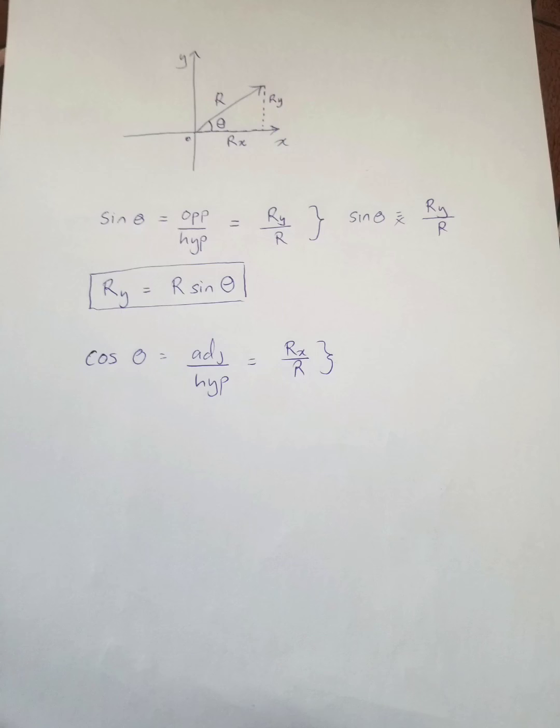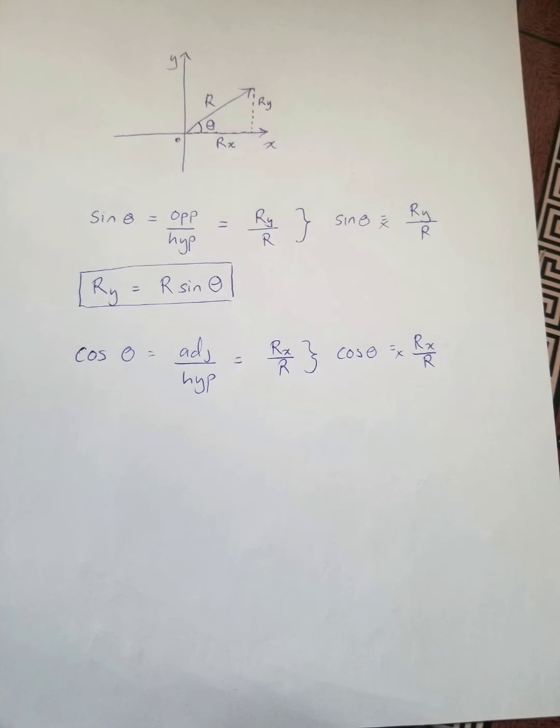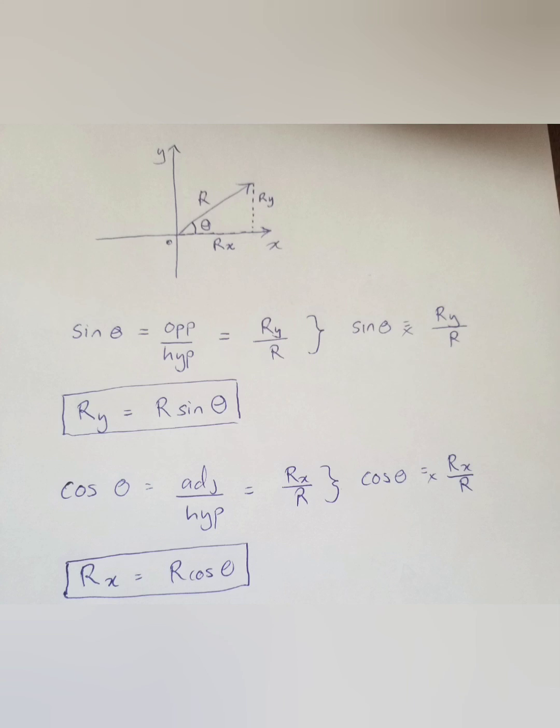Similarly, if we take cos theta from SOHCAHTOA, we know that cos theta is equal to the adjacent over the hypotenuse. We'll have that the adjacent is rx and our hypotenuse remains the same, which is r. And if we take this equation, cos theta is equal to rx over r, and make rx the subject of the formula, we're going to have that rx is equal to r cos theta.